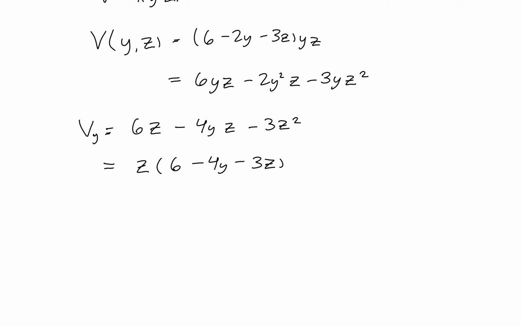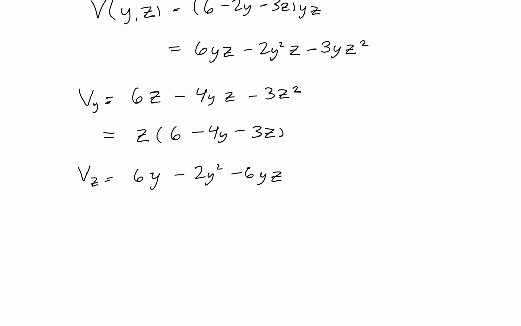And then we can do the same thing with the partial with respect to z. And for this, I can again factor out a y. And I get 6 minus 2y minus 6z.